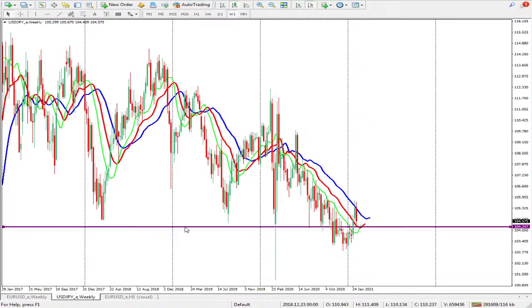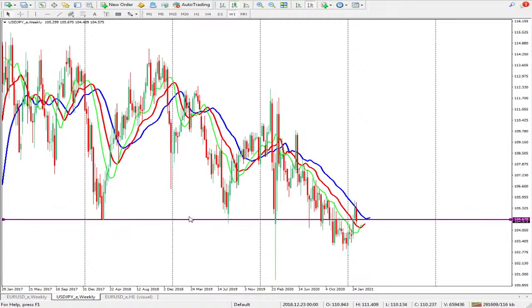If you pick a line and put it there, then pick another line and put it there, you can see we had a resistance and a support previously. We had a support, a support, a support, and then there is this break. The price broke below this level, came back up, continued down, and then came back and broke above.